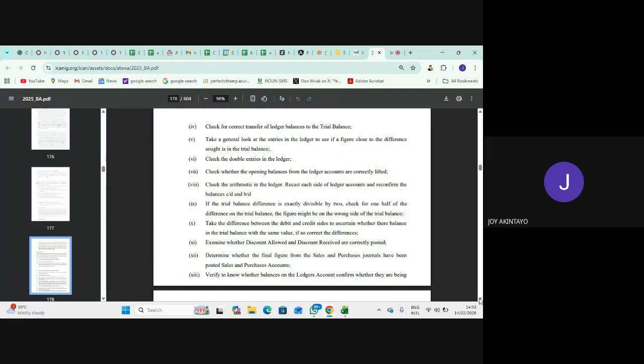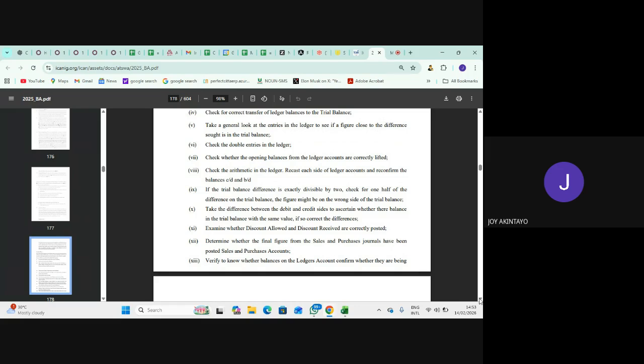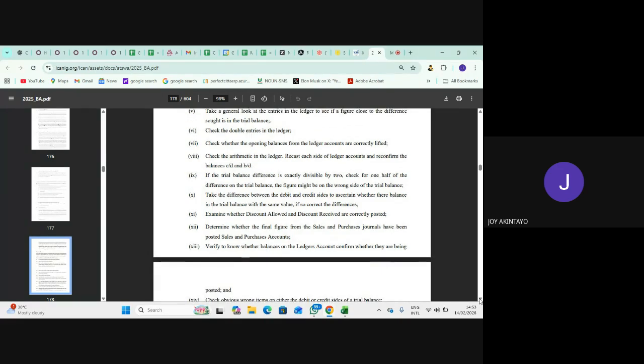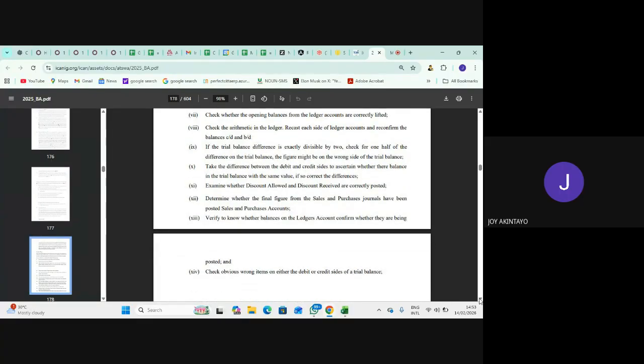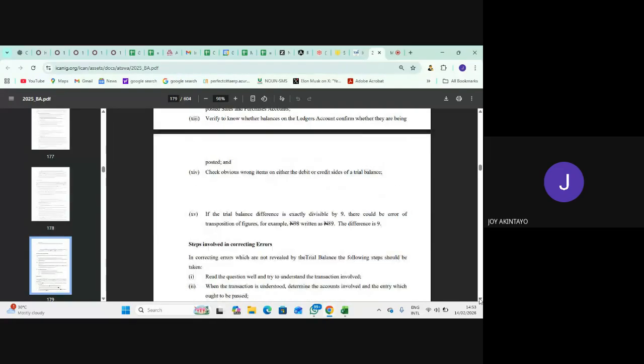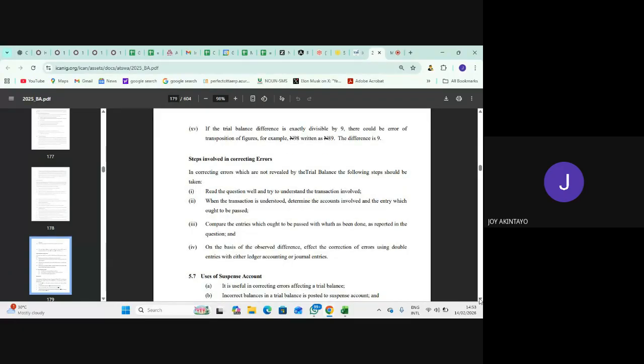Then verify whether the balances on the ledger accounts confirm that they have been posted. Then check for obvious items on either the debit or credit side of your trial balance. So those are the steps. Those are how to locate your errors.